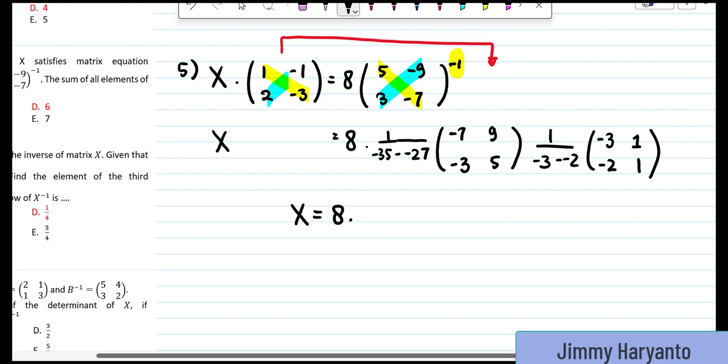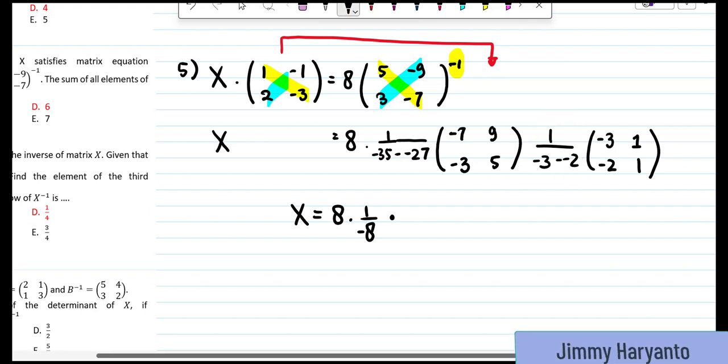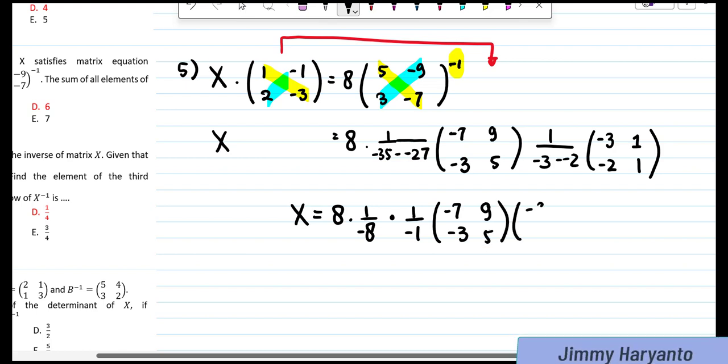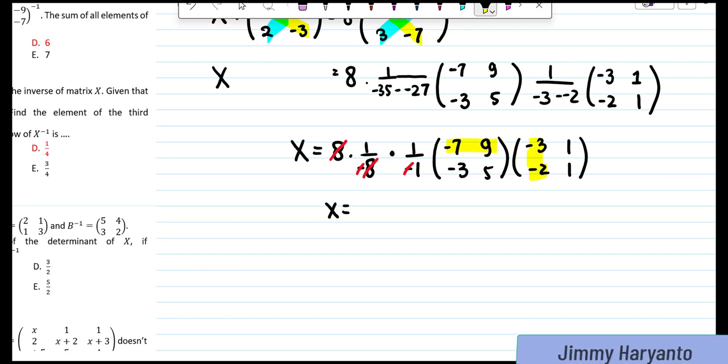X equals to 8 times, this one will be 1 over -8, and then this one will become 1 over -1. I will move it to the front like this, and then I will write down the remaining like this. Please remember that the position of the matrix cannot be swapped, yeah. And then I can cross out this one, also cross out the negative. You'll have X equals to this times this.